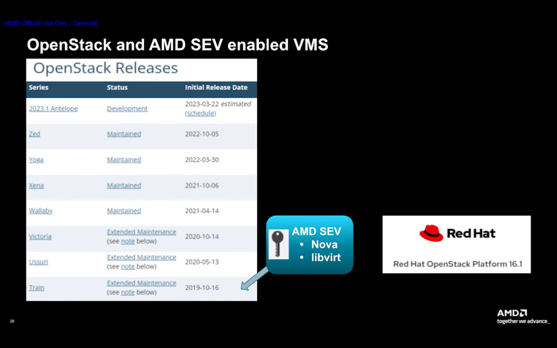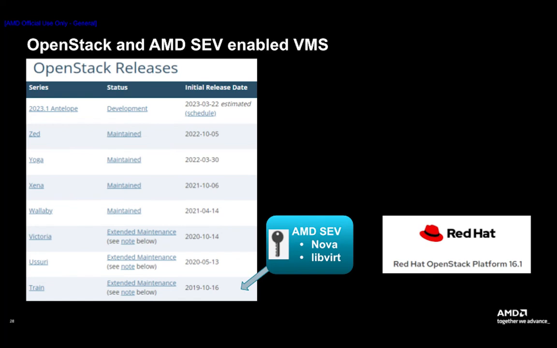So when we released a processor that had SEV enabled, we worked with the Libvirt community and the QEMU community, and they basically built the support in. Then we also worked with SUSE when SUSE was using OpenStack, and then they made a decision to go purely Kubernetes, which is kind of sad, actually.